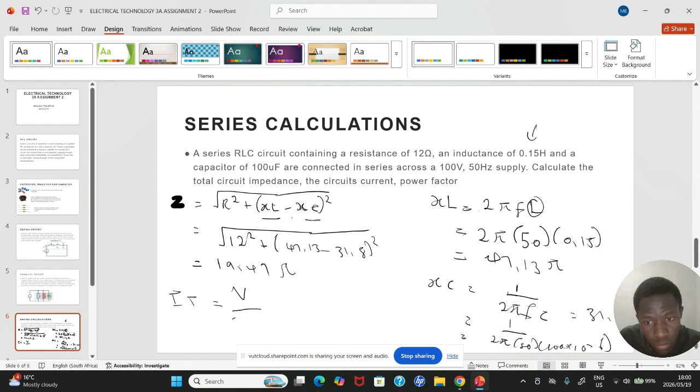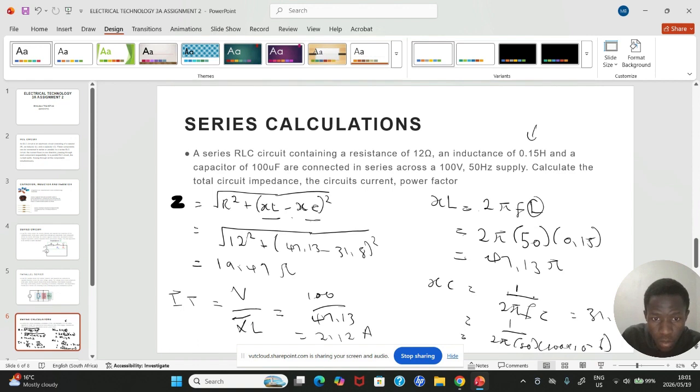Then we say 100 divided by 47.13, which is going to give us 2.12 amperes.